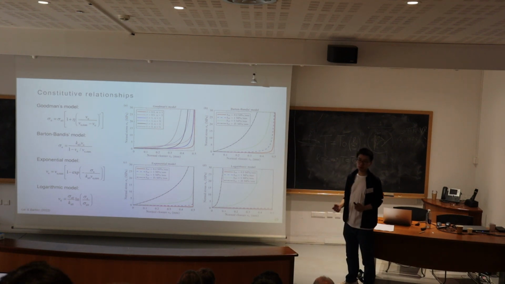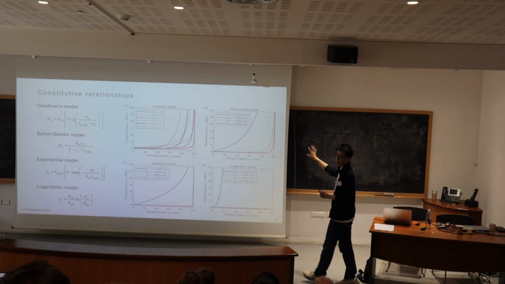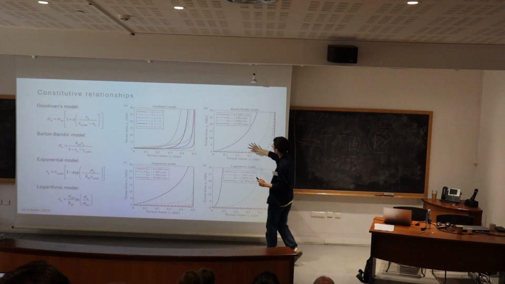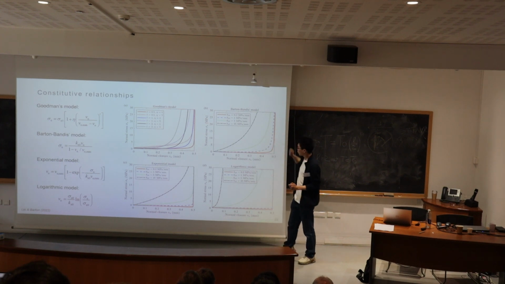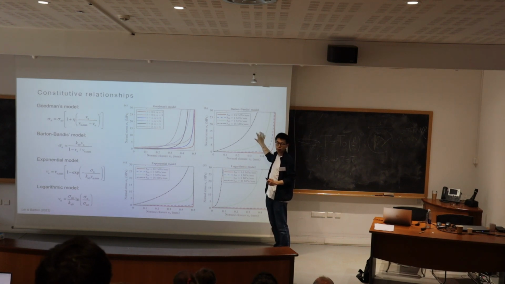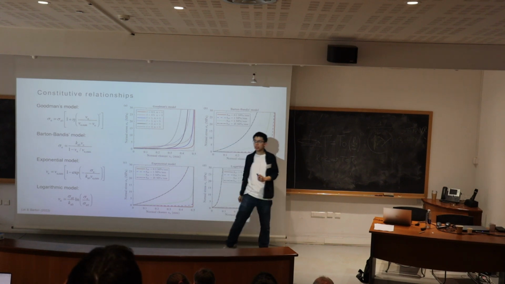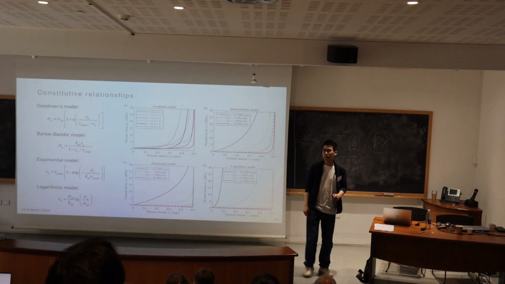It is a little hard to say which model is definitely better, but they all capture this nonlinear behavior. The Barton-Bandis model is more popular and widely used in the rock mechanics community, but the exponential model is also a good selection.